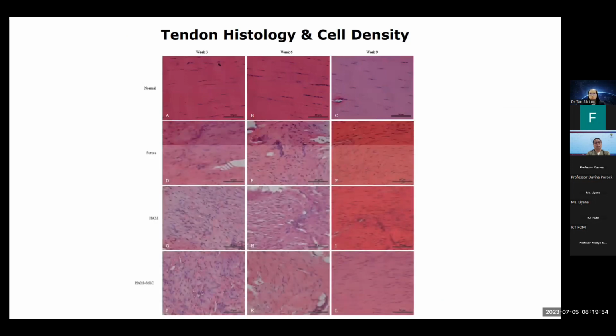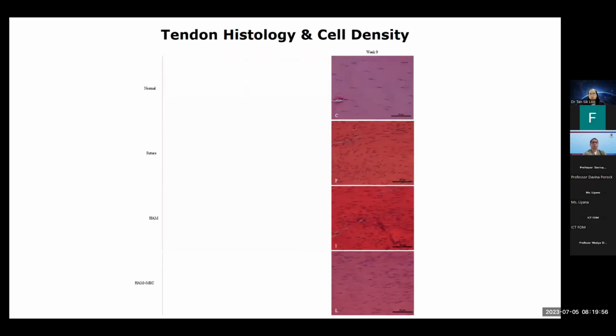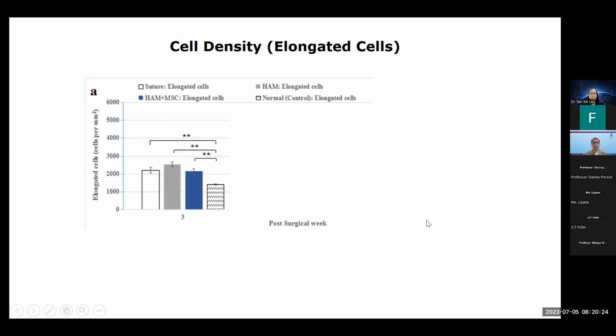So here is the summary of the histology from the different groups. Basically, from the week 9 observations, you can see that the tendon shows more parallel orientation in the MSC-seeded HA treated group compared to the suture group or the group that's treated with the HA.